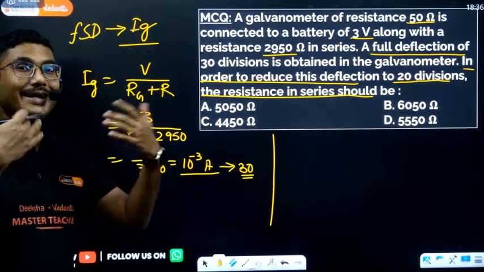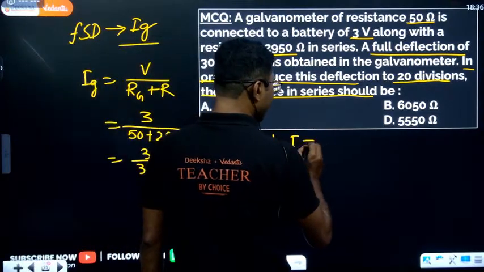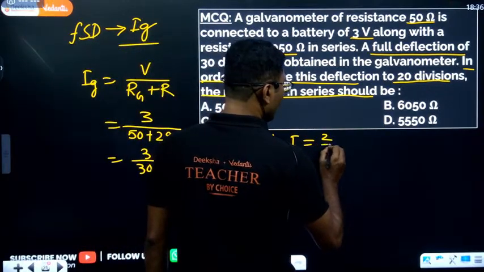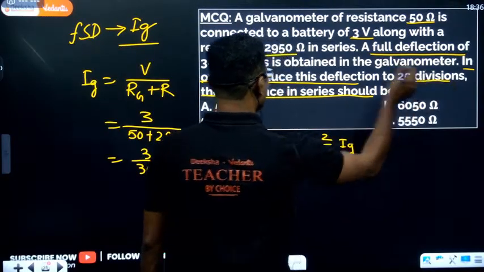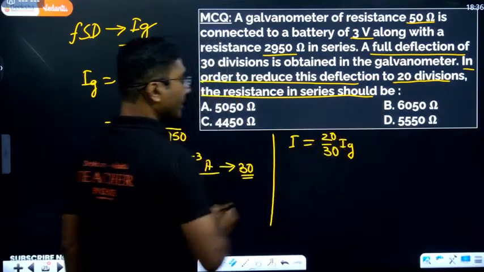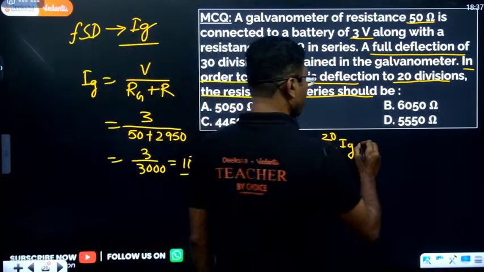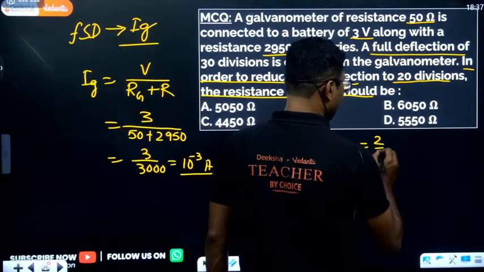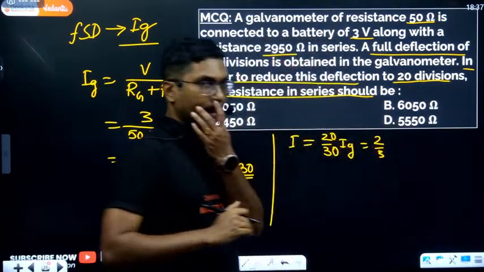So how much current do we need? The output current that we need must be 2/3 of this Ig. Why 2/3? Because originally it was 30. I want to reduce it to 20. So the 0s cancel and we get 2/3 Ig. Okay, so I want to reduce the current to reduce the division.